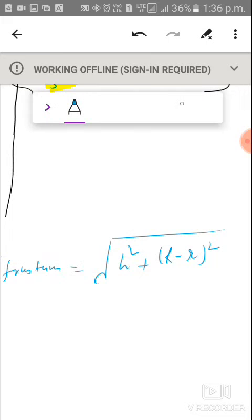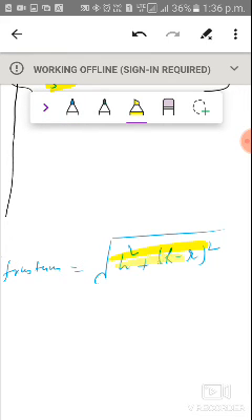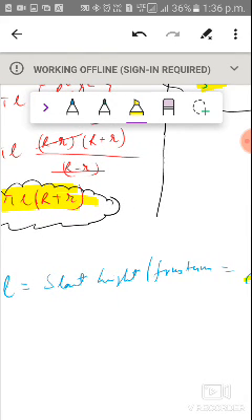This formula you also have to learn. That is called the slant height of the frustum.